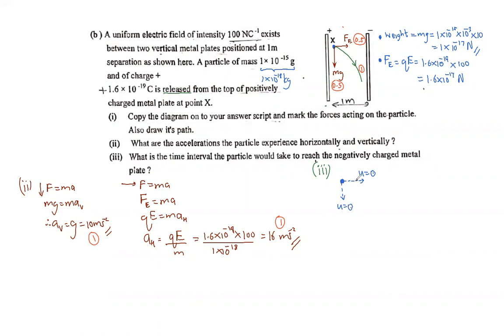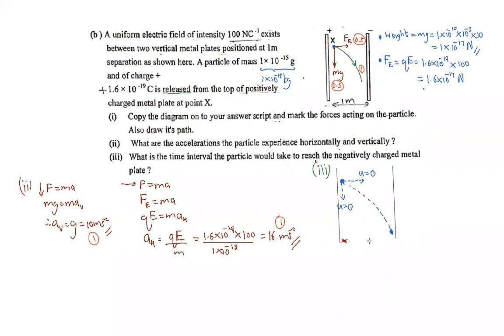But I think we don't have to make it too complicated. I think we can finish it off like this. If you apply the equation horizontally, it's done and dusted, no, people? What time interval they're asking, no? So it's going to eventually reach here after following a path like this, and we know the horizontal displacement.